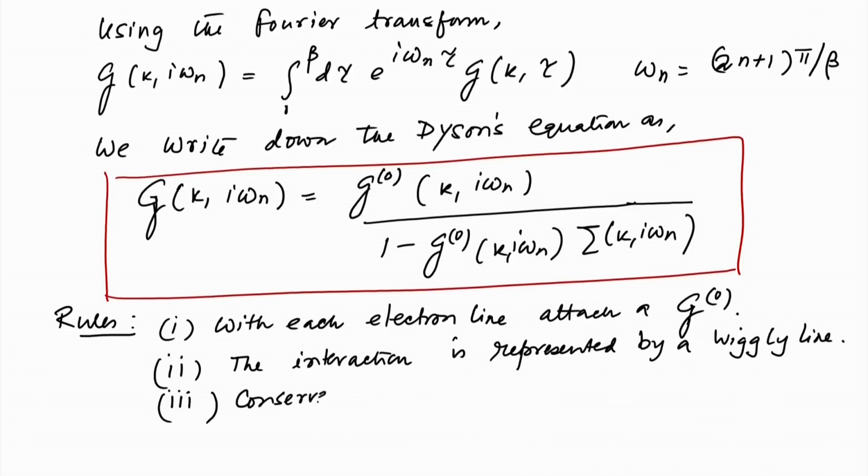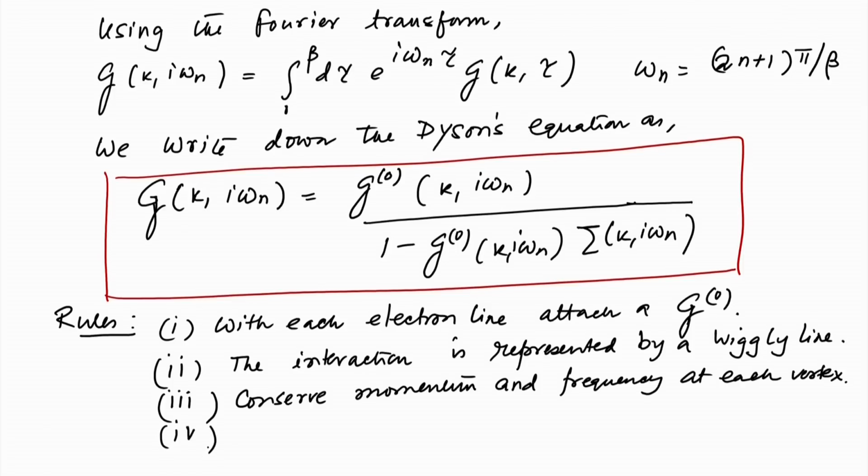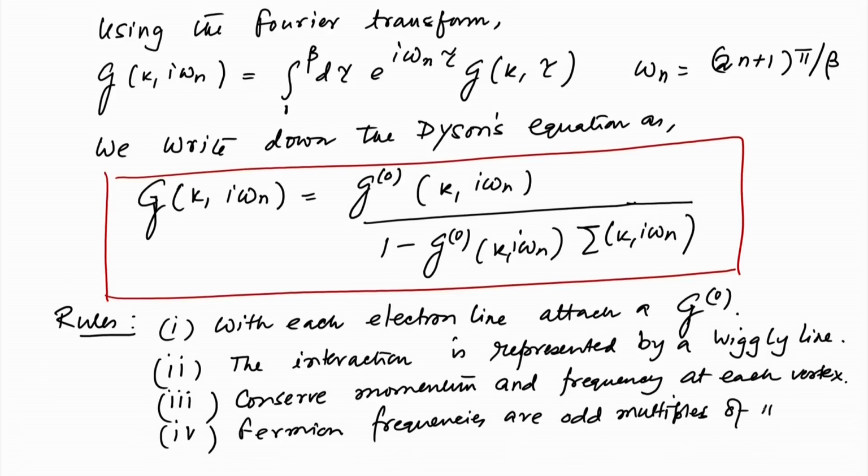Conserve momentum and frequency at each vertex, and also do not forget that the fermion frequencies are odd multiples of pi by beta, whereas the boson frequencies are even multiples of pi by beta.